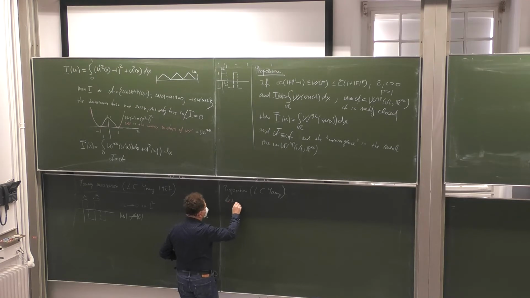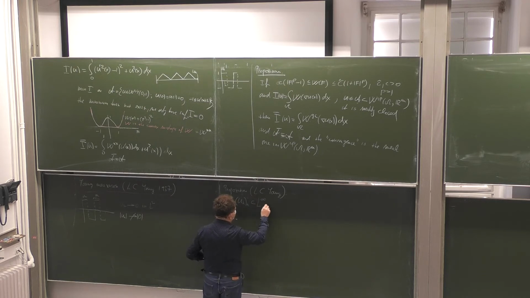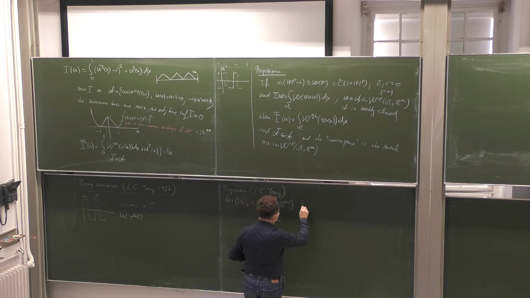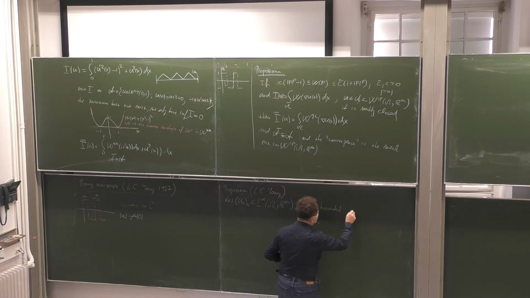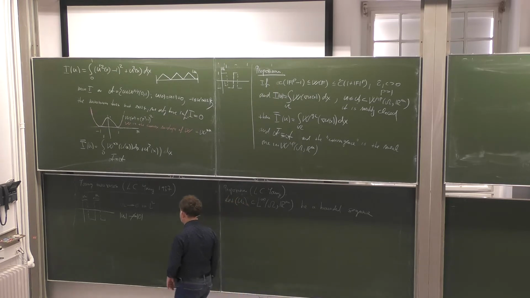So let u_k, a subset of L infinity of omega to R^m, be a bounded sequence.